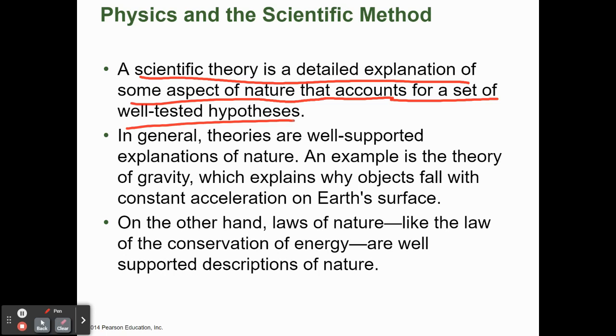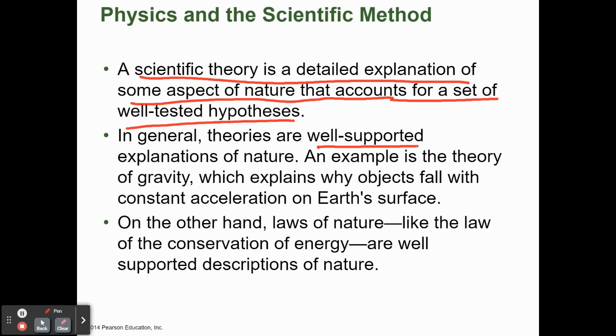So theories are well supported explanations. We have to have lots and lots of experimentation that backs up our hypothesis before it becomes a scientific theory. So the key word there is well supported. An example.